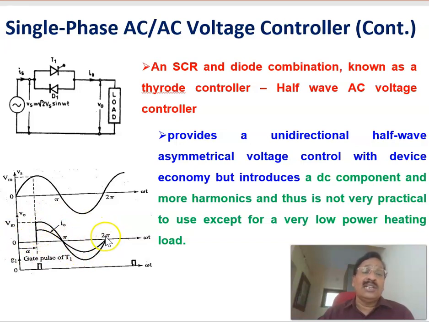Similarly, harmonics will also be there. Therefore, with the DC component and more harmonics, this is not very practical to use except for a very low power heating load. This type of topology is not widely used because it introduces a DC component as well as harmonics.